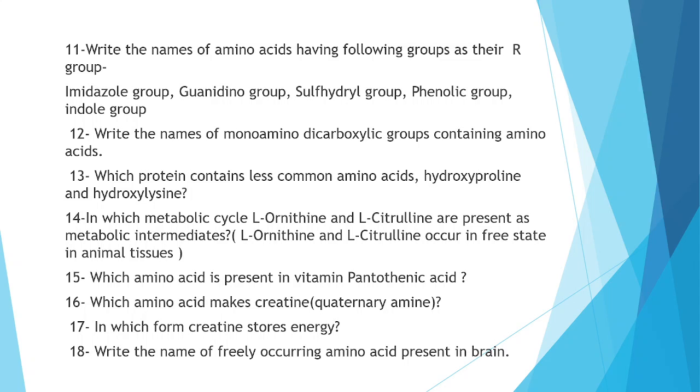Which amino acid is present in vitamin pantothenic acid? Which amino acid makes creatine, which is quaternary amine? In which form creatine stores energy? And write the name of freely occurring amino acid present in brain.